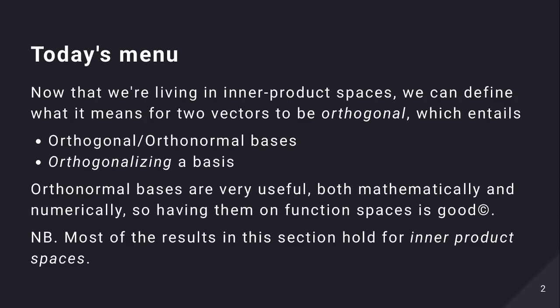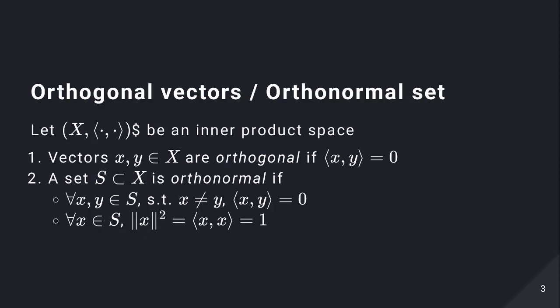As a comment, most of the results in this section are actually valid for inner product spaces, and it's not usually the case that we assume that we have a complete space. It's nice because we're only assuming that we have an inner product, not necessarily that it is complete with its metric.